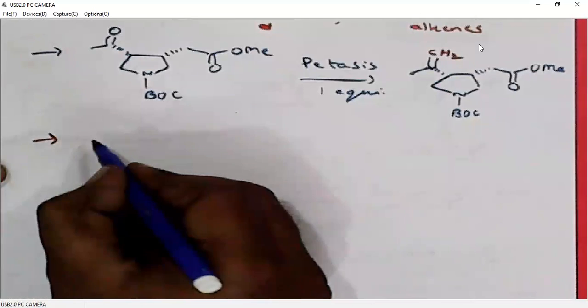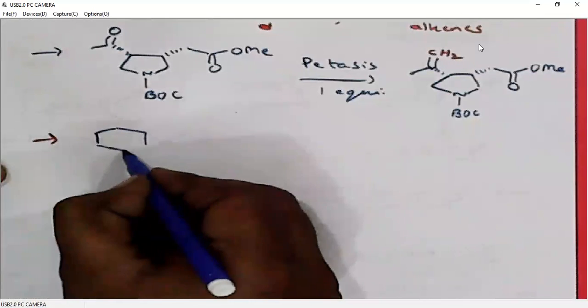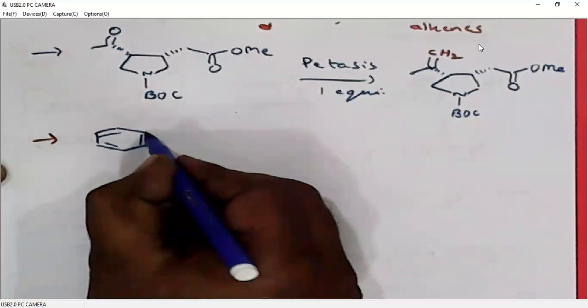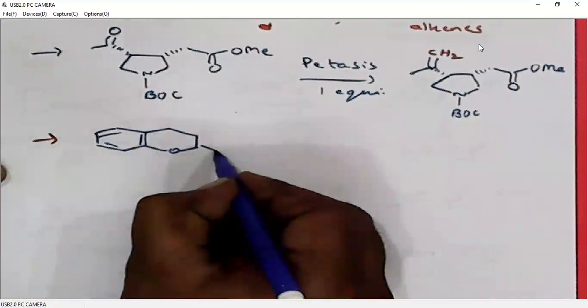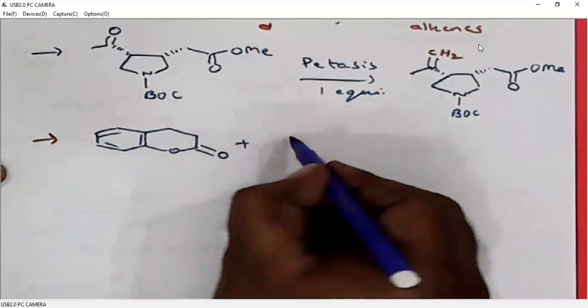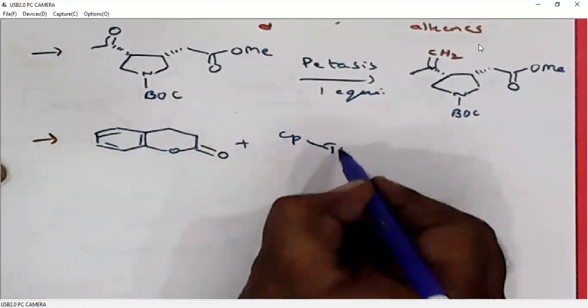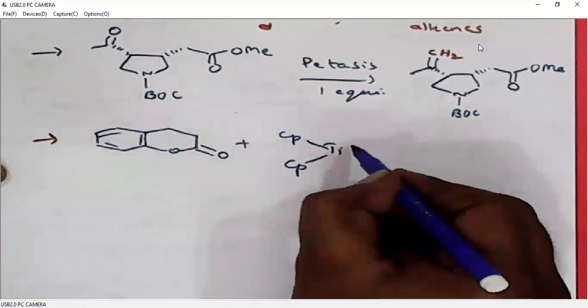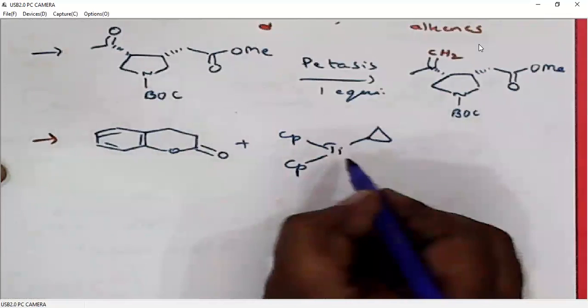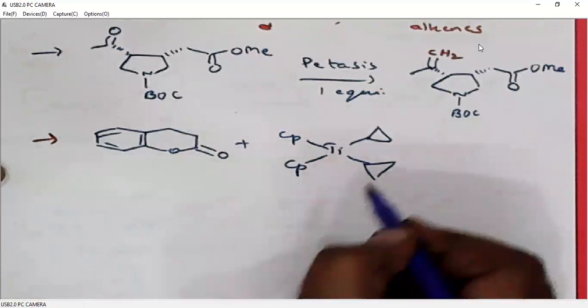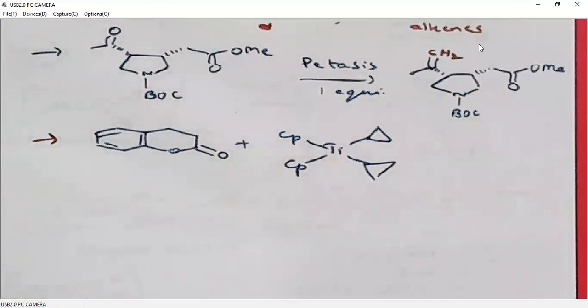In the last example, we can also have variations in this reagent. For example, instead of methyl groups, we can use some other alkyl groups.